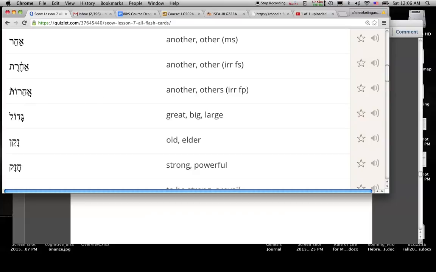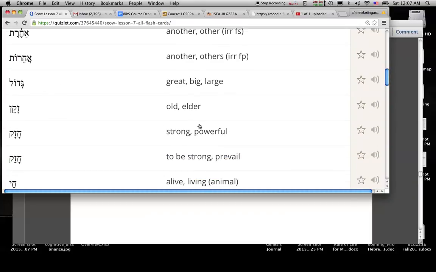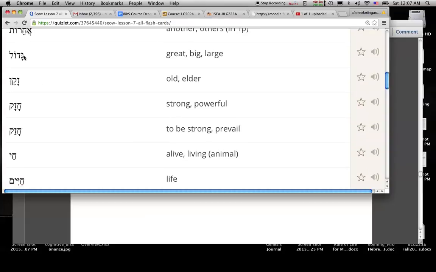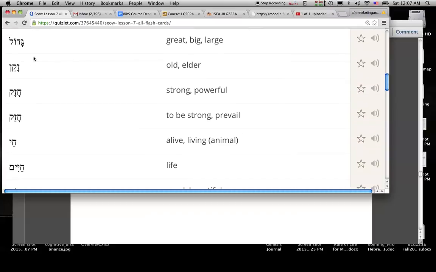You can see the usual kind of ot ending there for the feminine. We have gadol, which is great, big, large, and this is not always physical. This is sometimes used in such contexts as renown, right? So it talks about the fact that Yov or Job was an ish gadol, right? He was a great man or a man of renown.